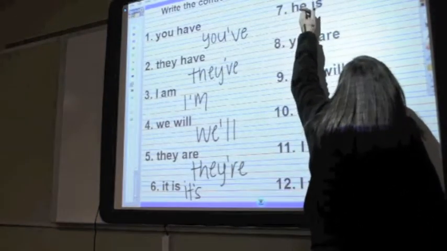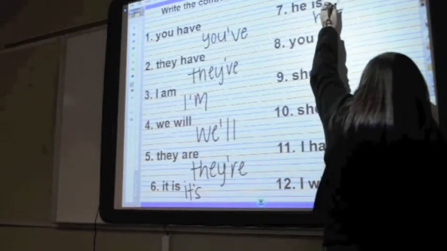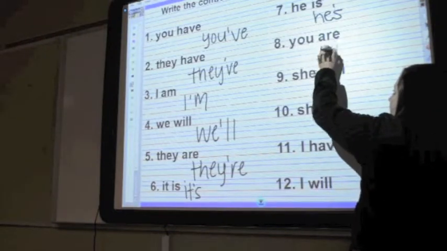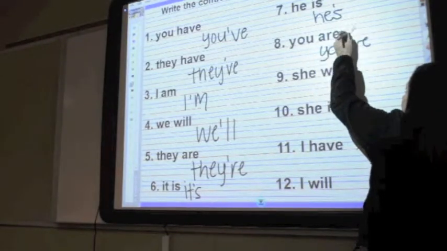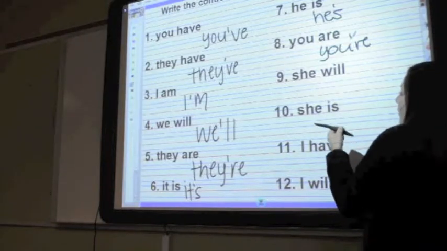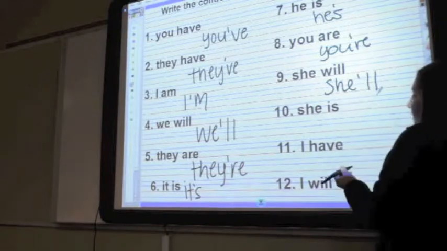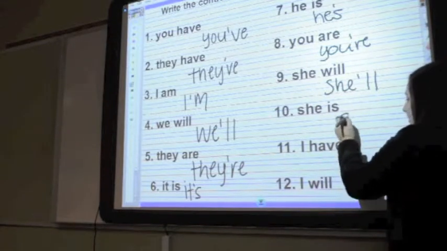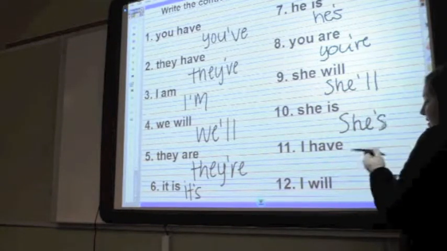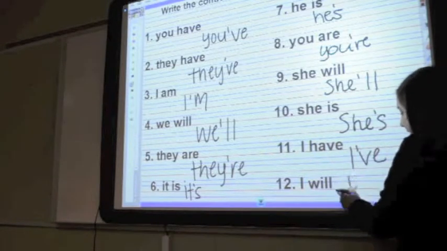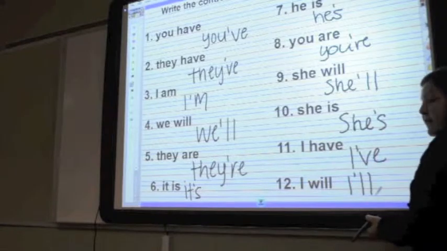Over here we'll do "he's" for "he is," "you're" for "you are," "she'll" for "she will," "she's," "I've" for "I have," and "I'll" for "I will."